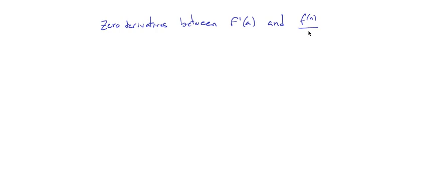Okay, so again, we suppose that f is infinitely many times differentiable, and that we have zero derivatives between f'(a) and some nth derivative f^(n)(a), right?